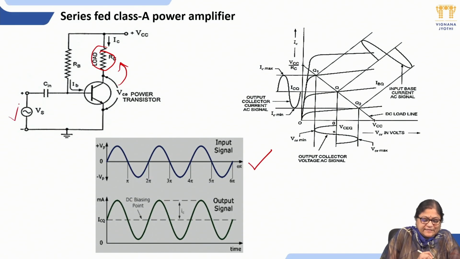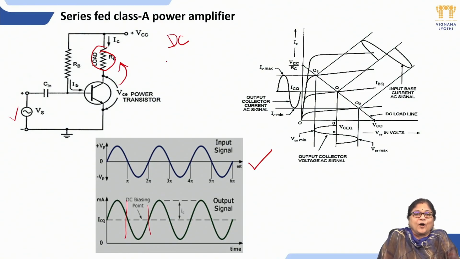Suppose any signal is given as Vs at the input, and VCC is the DC voltage we are applying. This DC voltage provides some current IC which flows through this, and the transistor conducts for all the time, 360 degrees. That's why for positive half cycle and negative half cycle, the input is reproduced at the output.